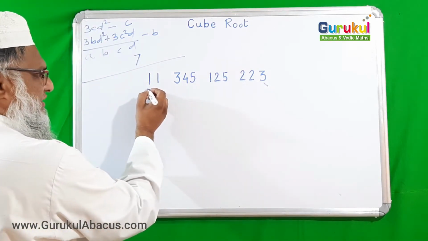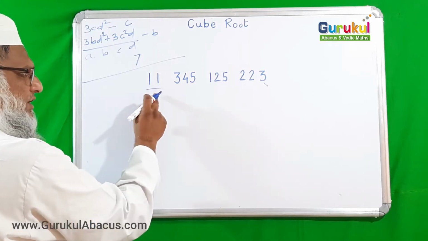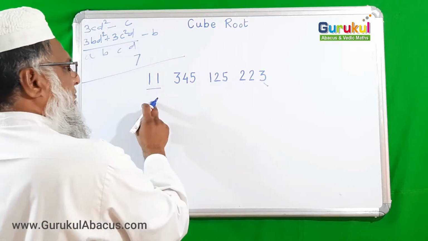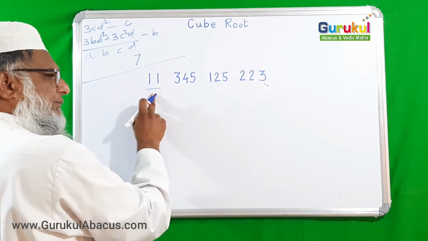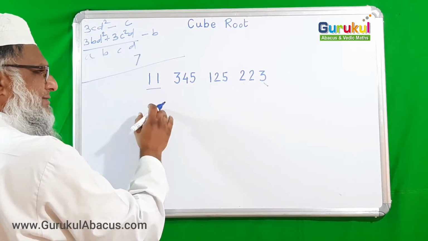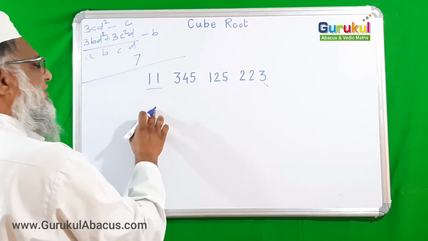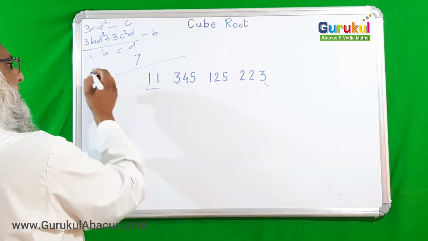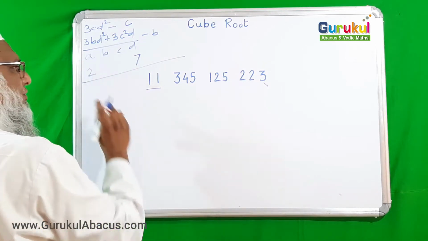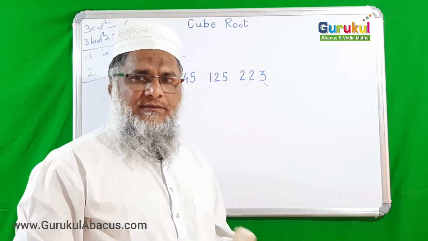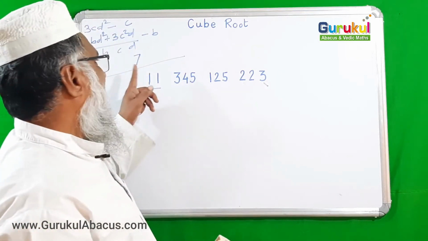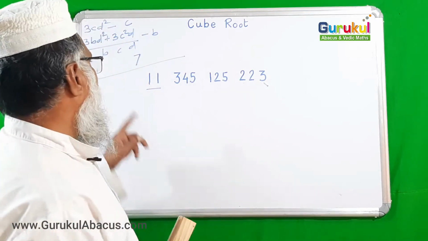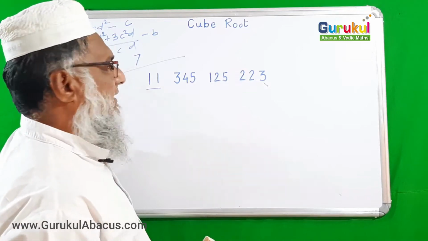Now thinking for the first term, which is a cube number nearer to the first pair and can also be subtracted from the first pair, definitely 8 is the cube number, that is the cube of 2. So here we have got first pair 2 and last pair 7. Now our intention is to find c and b.